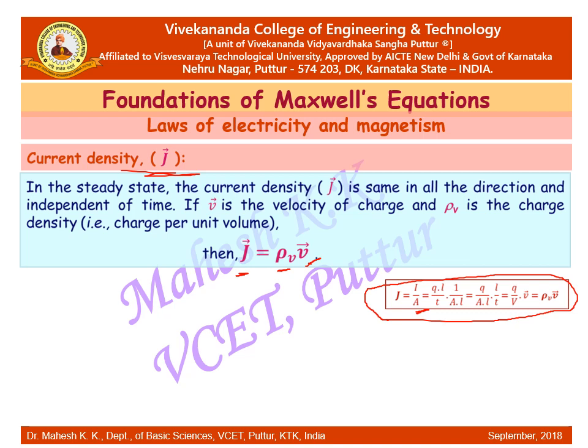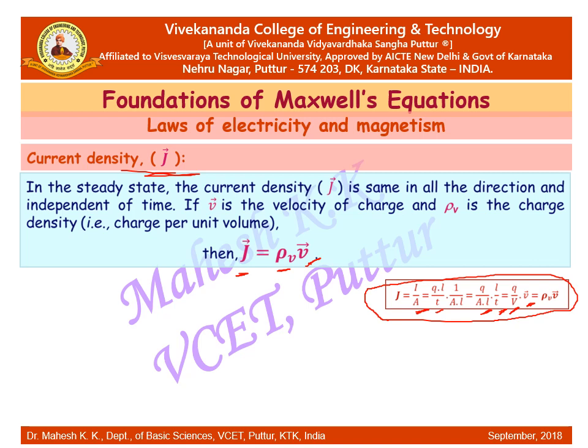You can define I as Q by T into L, and A you keep as it is, but then you multiply and divide by L. Then you rearrange it as Q by A L into L by T. Q by A L is nothing but Q by V, that is the charge per volume, and L by T is length per unit time, which is the velocity.